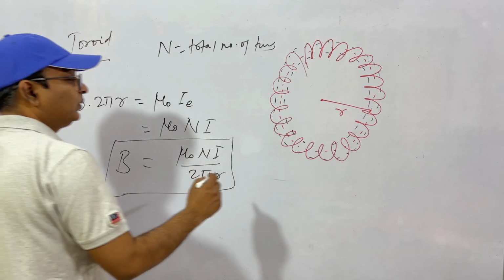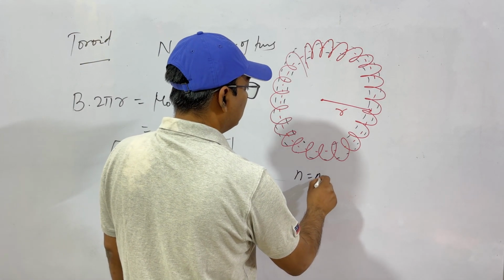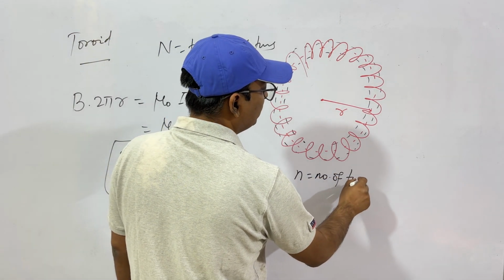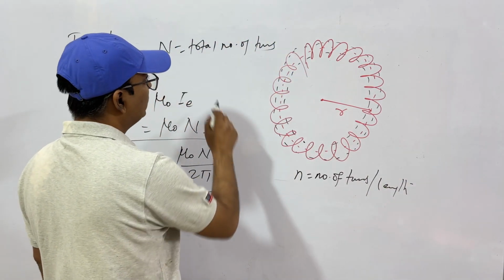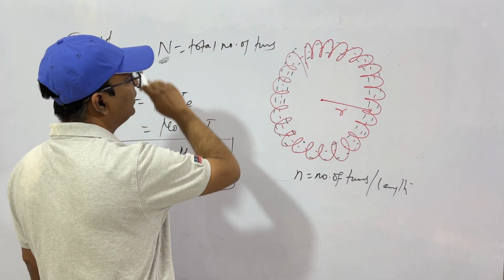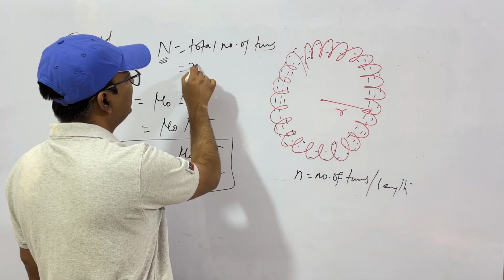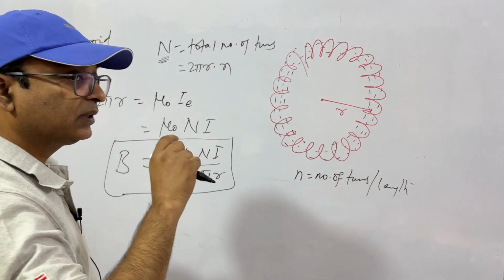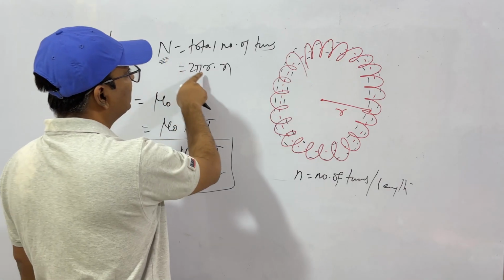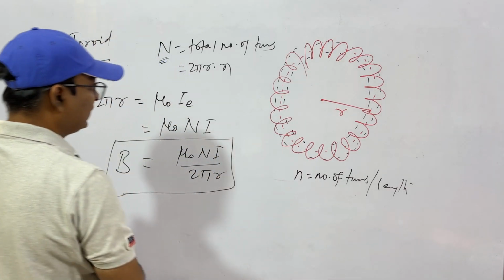Now, if you take n, small n, that is number of turns per unit length, then what is N? N is total number of turns. Total number of turns will be 2 pi r, this is the length, into n. n is the number of turns per unit length and total length is this. So you can say N is 2 pi r n. Now put it here.